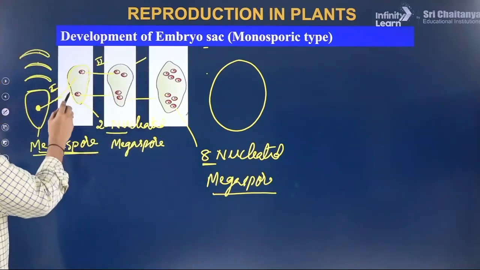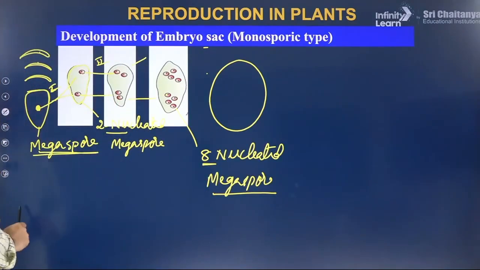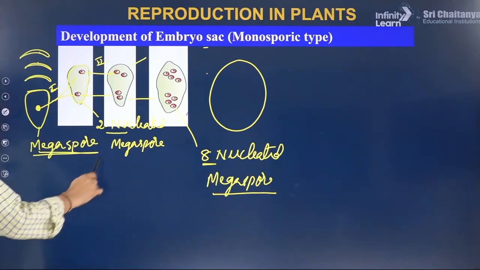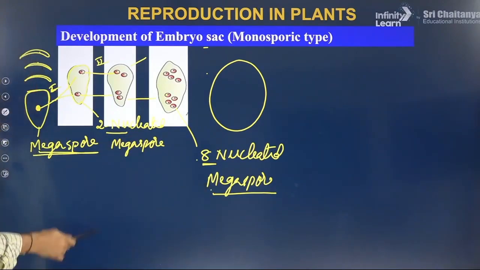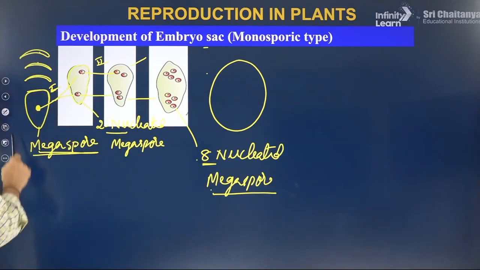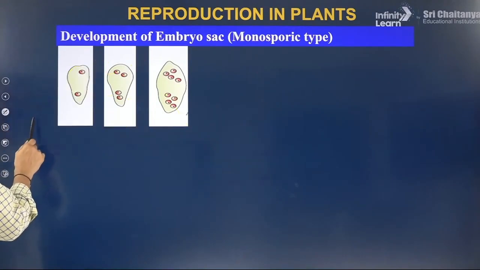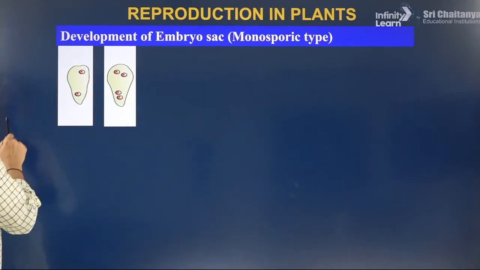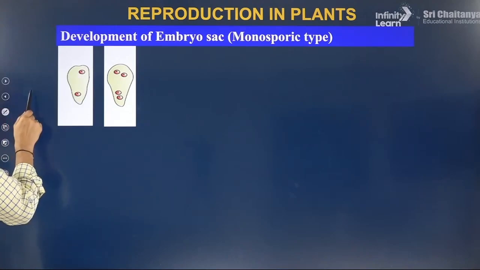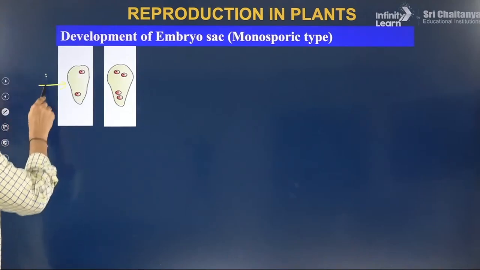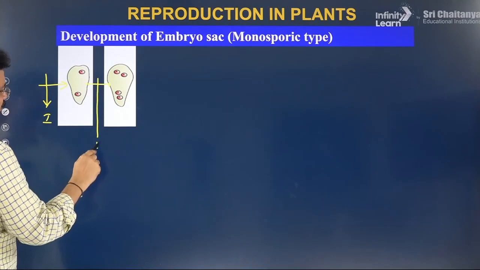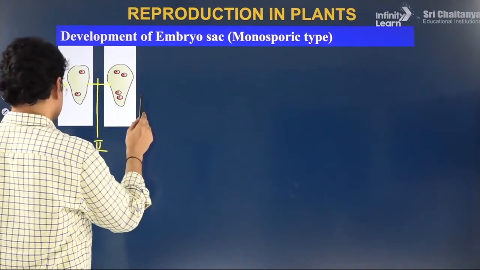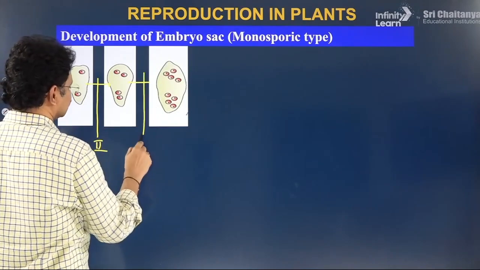How many mitotic generations are required? How many mitotic generations are needed to form an 8 nucleated megaspore? 3 generations. First generation, second generation, third generation.